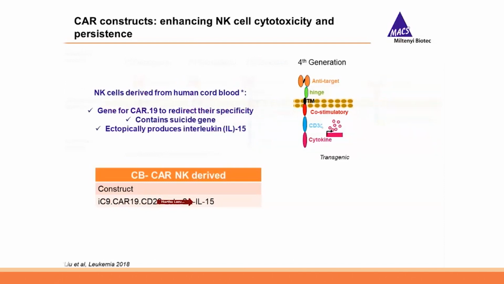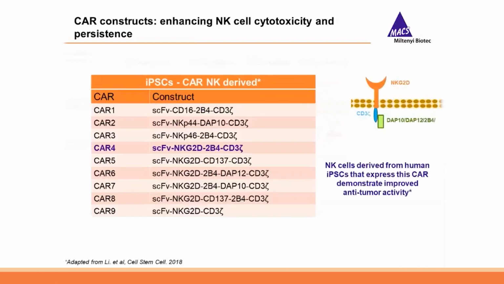Another one that is also very interesting is a publication by Dan Kaufman, done in California, and what they've been doing is exploring the different signaling pathways that could be better for NK cells. So we know that, of course, DAP10, DAP12, and 2B4, so different costimulatory molecules, are essential for NK cell activation.